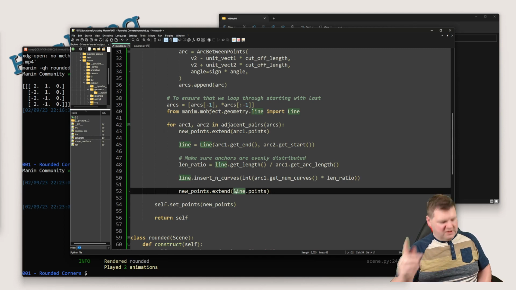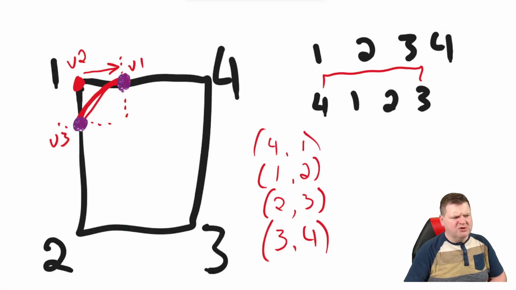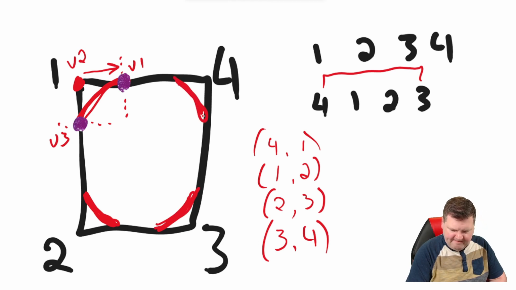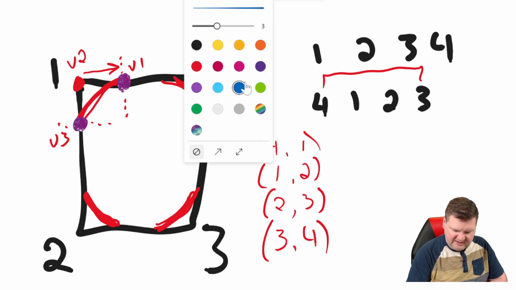And it loops through. So going back to the drawing board, quite literally, we're going to have a list of arcs. That's each one of these arcs. And it's going to first get the points from the arc. Then, that is a really ugly way of drawing that. Do I have maybe a blue?